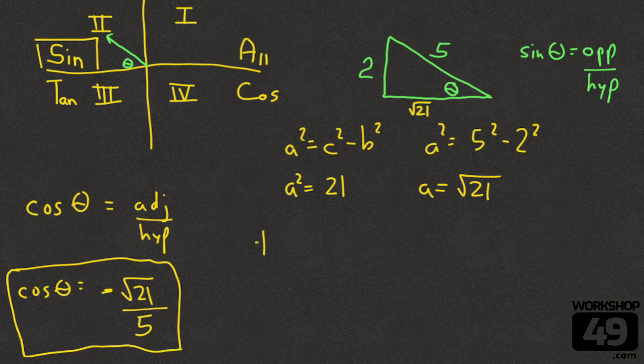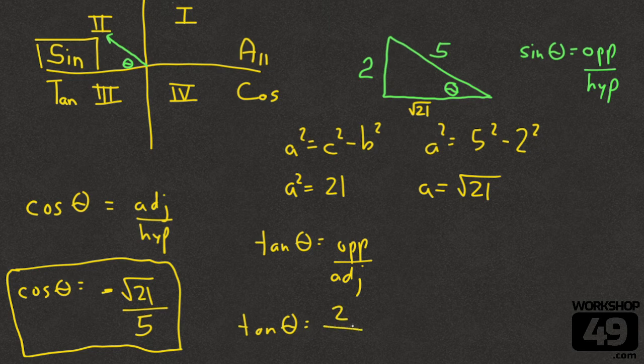Let's get our tan. Tan of theta is equal to the opposite over the adjacent. Tan of theta is going to equal our opposite side, 2 over our adjacent side, root 21. Can't leave radicals in the denominator. To get rid of a radical in the denominator, we multiply by the root of 21 over the root of 21.